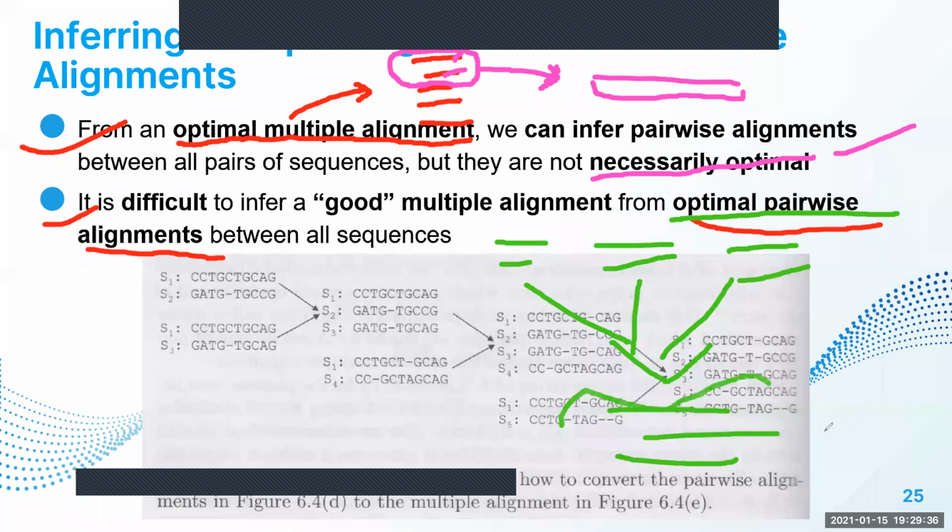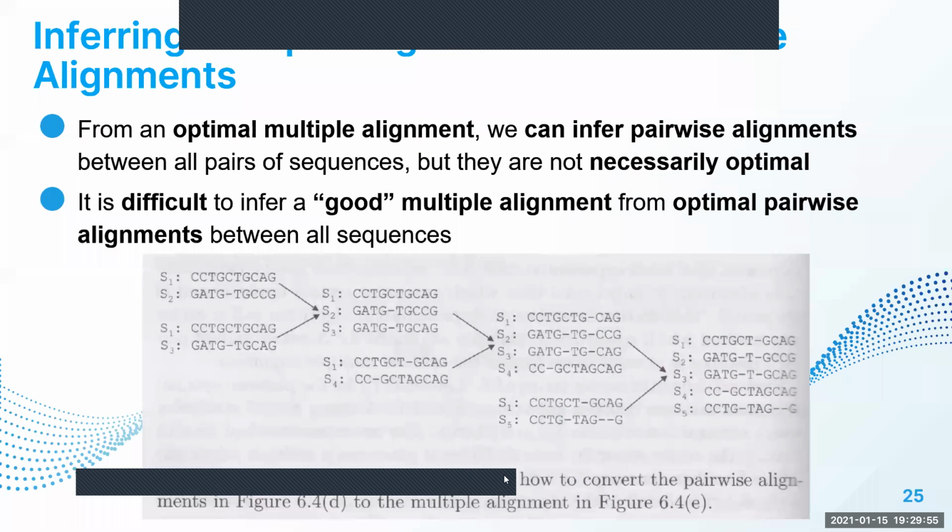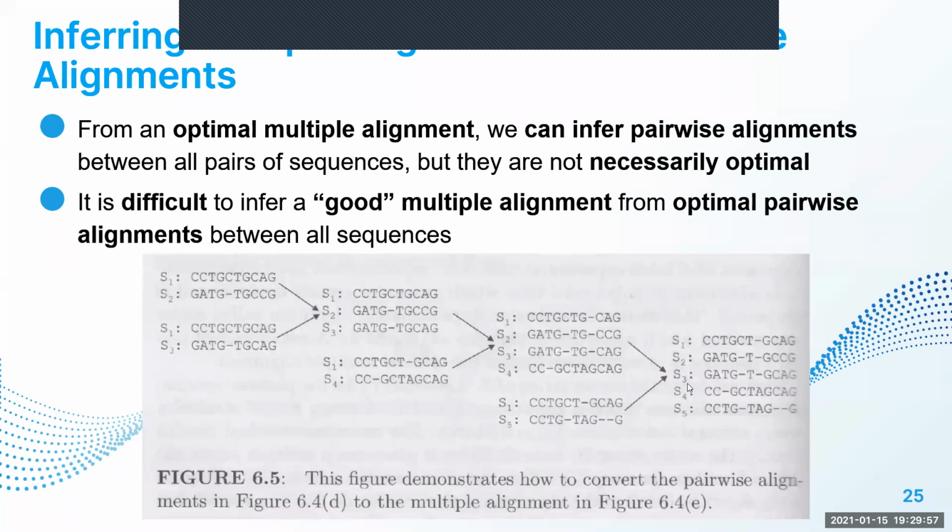That won't be your optimal solution. So you have to focus on getting the optimal multiple alignment. That previous approach is not going to work. I suppose you understood that part.